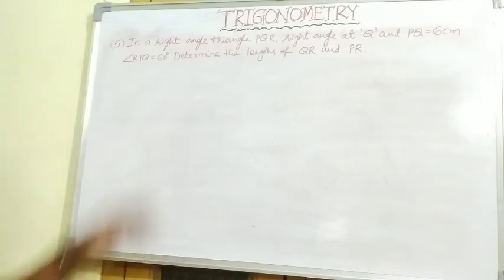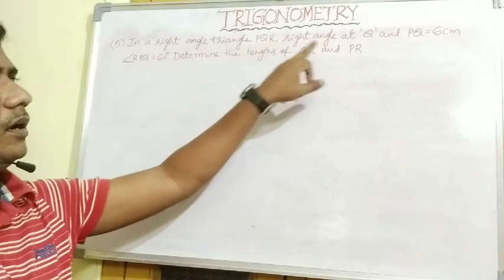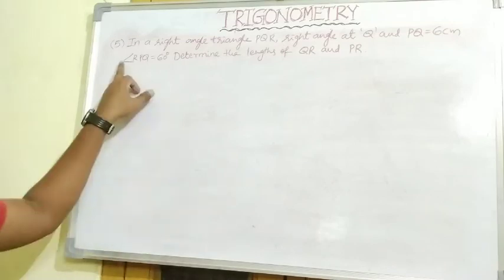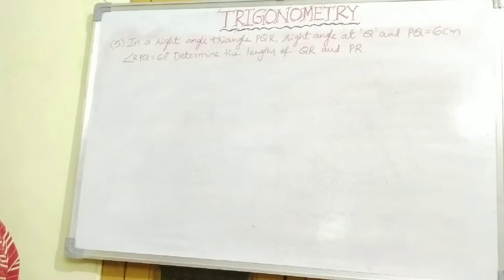Next, let us see question number 5. In a right angle triangle PQR, right angle at Q, PQ length is 6 centimeters, angle RPQ equals 60 degrees. Determine the length of QR and PR.